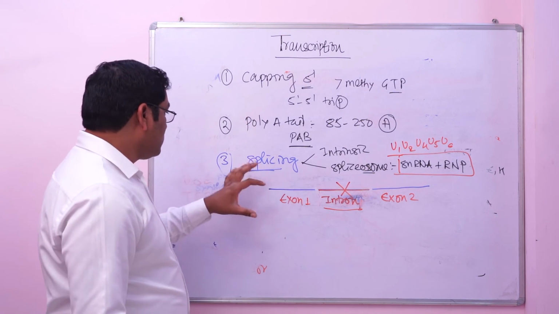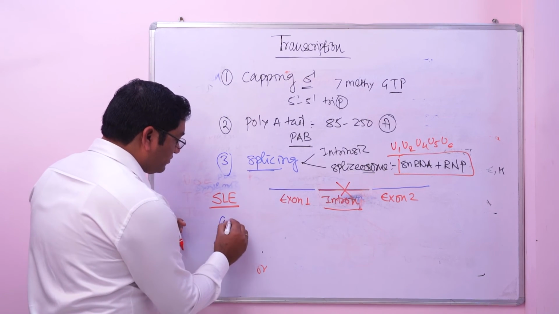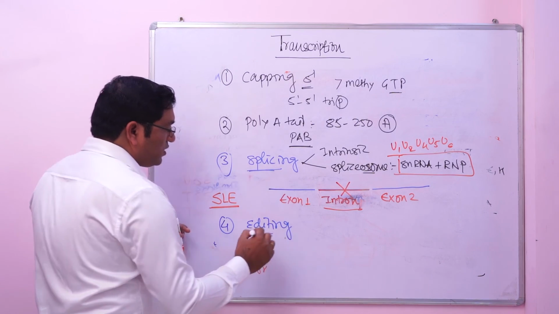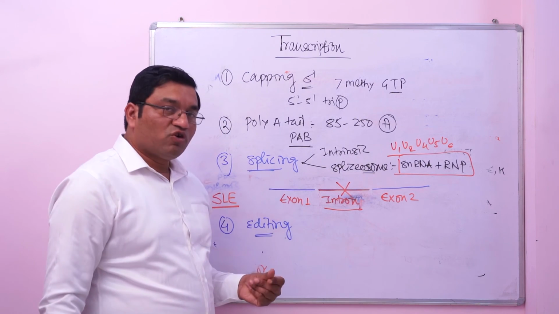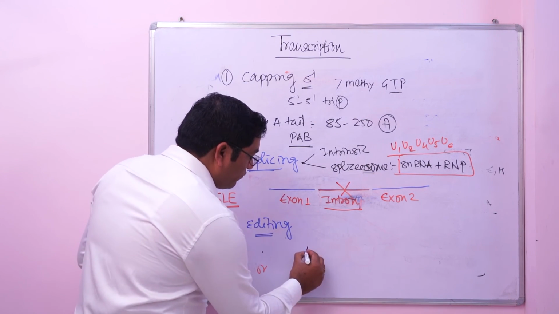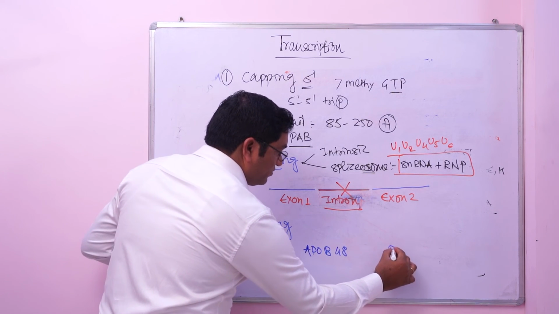Okay, so this is splicing, and the fourth one is mRNA editing. This is the process by which from one mRNA there is synthesis of two different proteins. The example is ApoB48 and ApoB100.